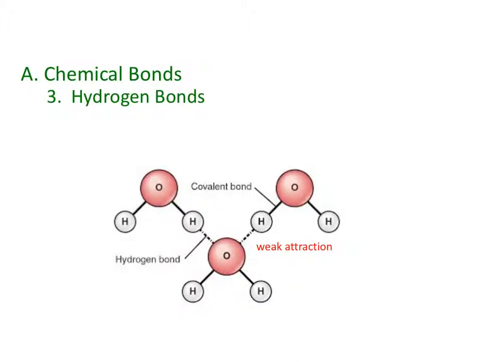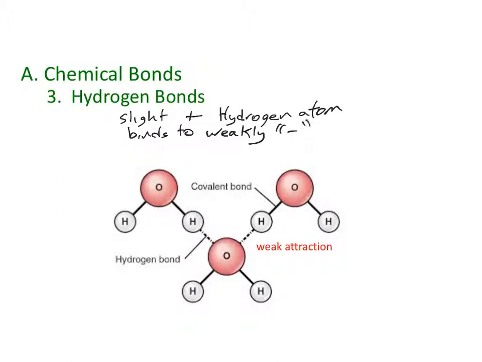Okay, the third type of bond that we're going to talk about are hydrogen bonds. These are bonds that are created when a slightly positive hydrogen atom binds to a weakly negative partner.